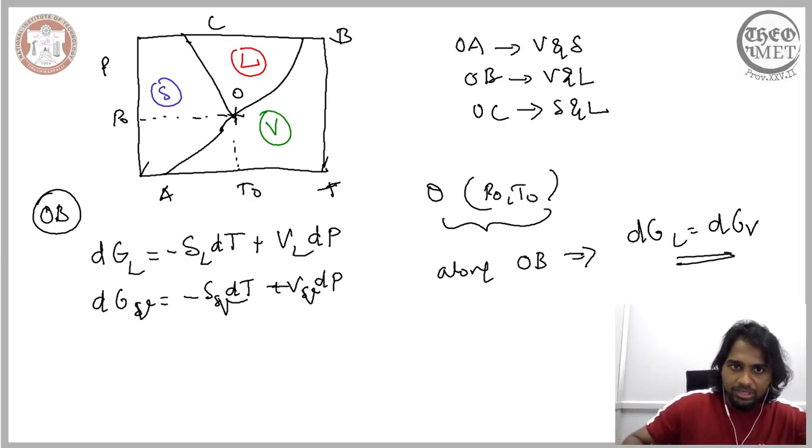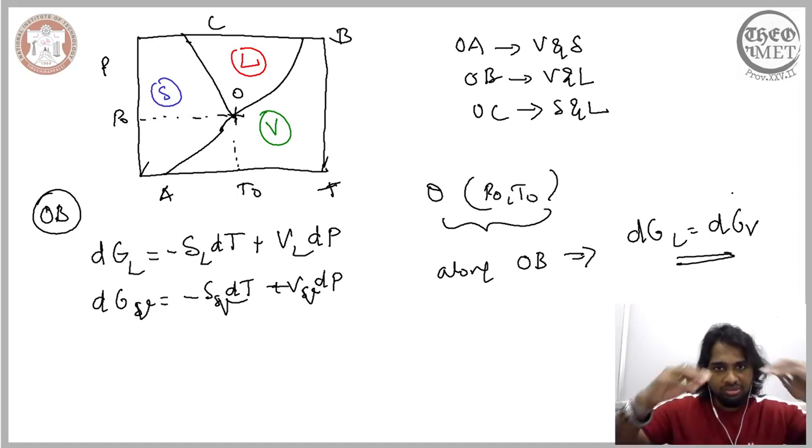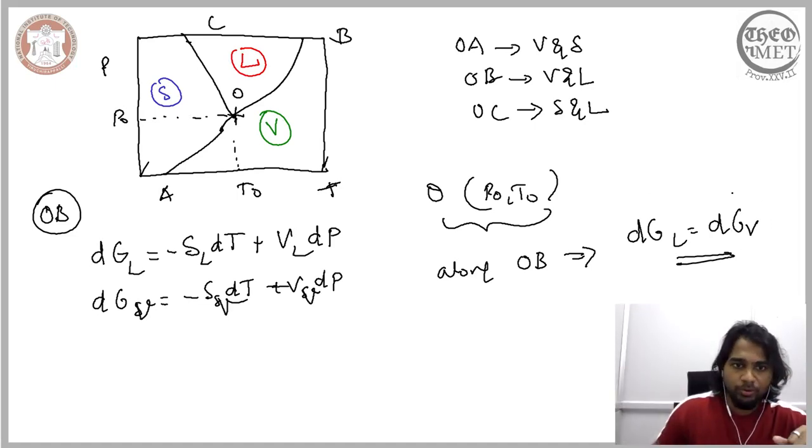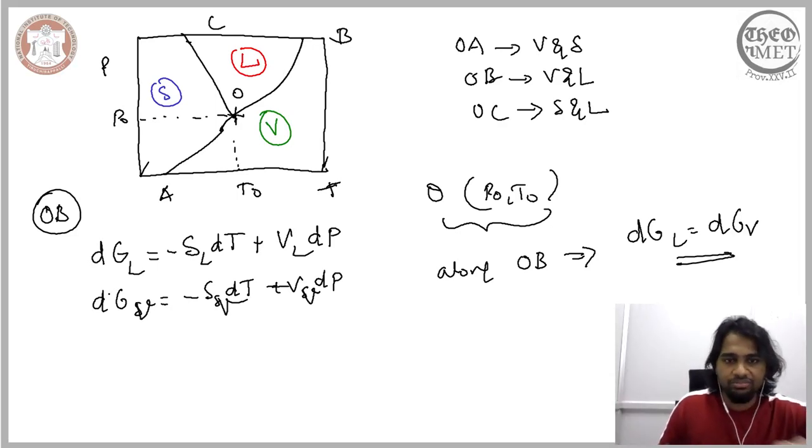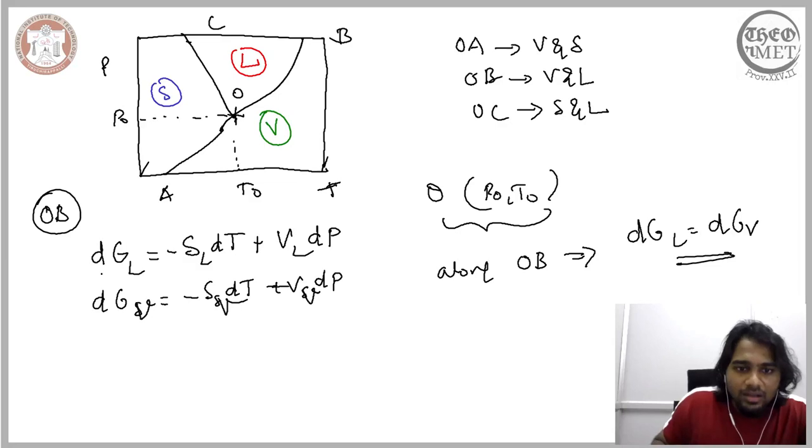We are attempting to discuss the trend in OB, and along OB both these liquid and vapor phases are in equilibrium, so there is no difference in the Gibbs free energy. So both are at the lowest point, or they are the lowest in the three-dimensional representation, if you could relate.